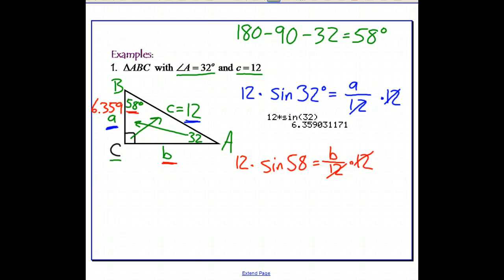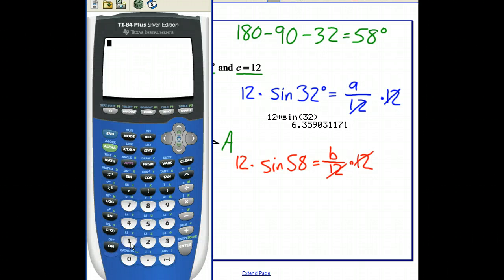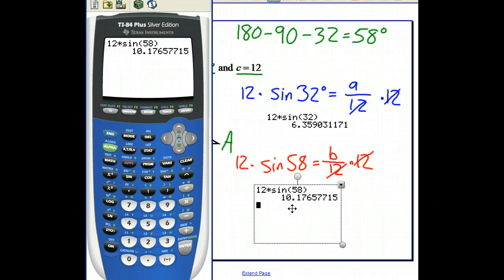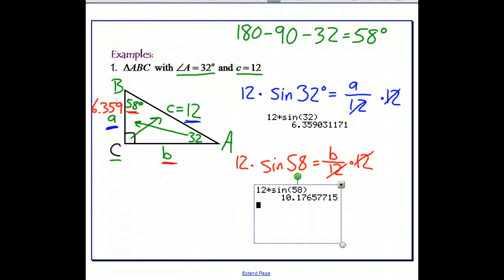Let's go back to our calculator. 12 times the sine of 58. And we get 10.177. All right, so we know this is 10.177.